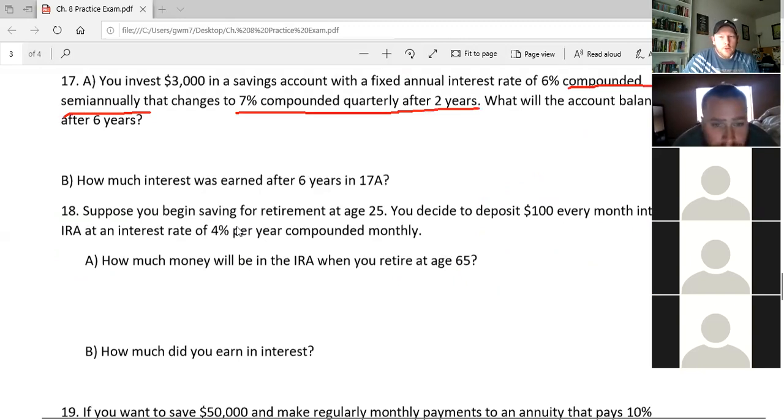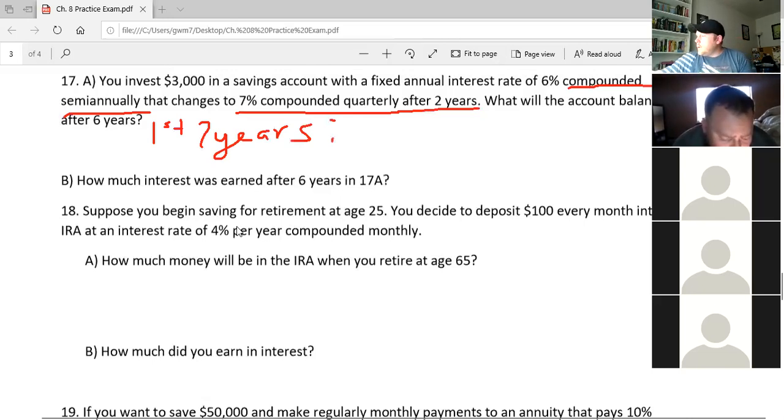Okay, so there are really two different things happening at different periods. At first, for the first couple years, you have 6% compounded semi-annually.